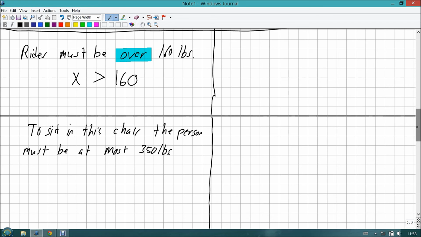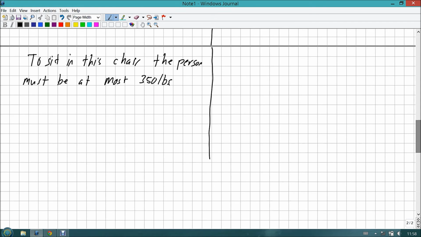So this is really math made easy. This is like legal speak, right? With the term at most. Well, at most means that's the maximum value, meaning that you can be that value but no bigger.